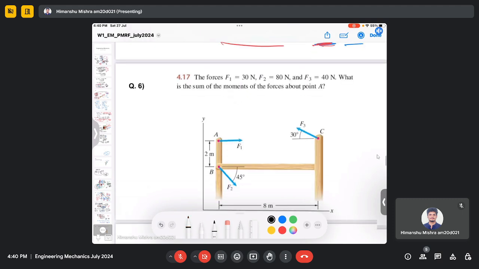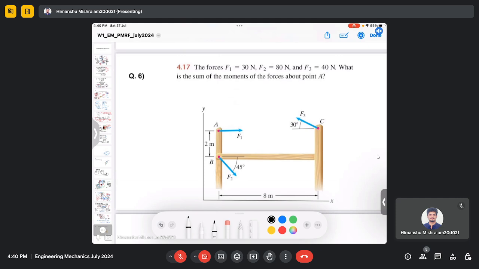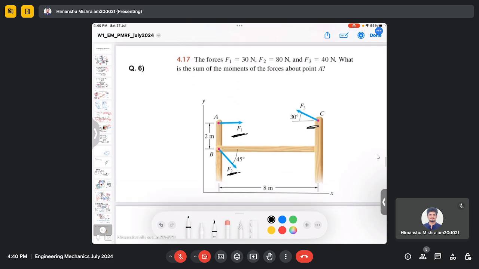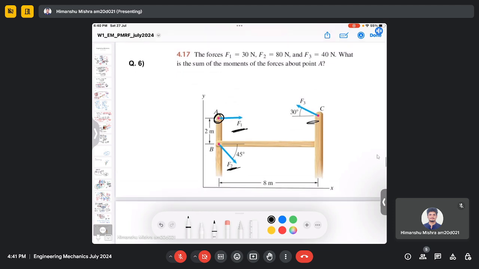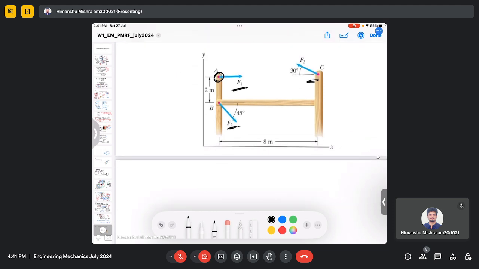In this one, we have been given the forces F1, F2 and F3, and we need to find the moment about point A. So it's a straightforward problem. First consider all the forces.